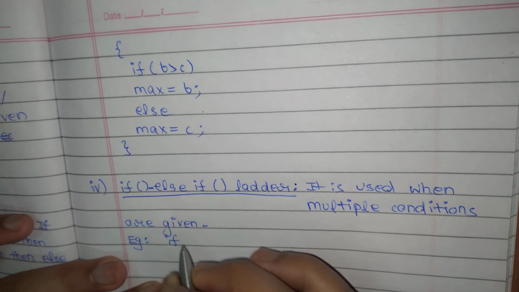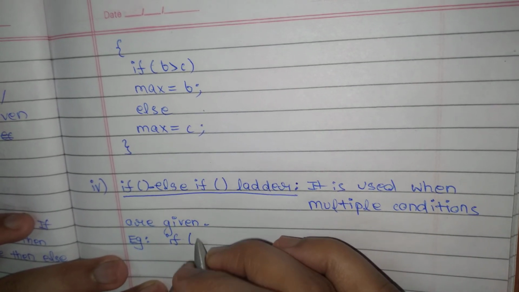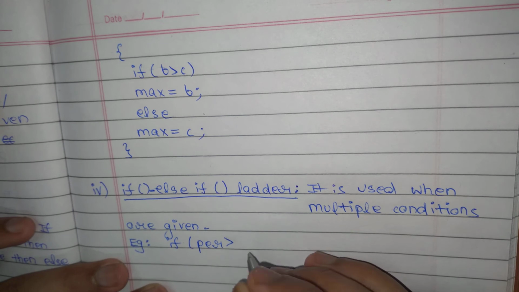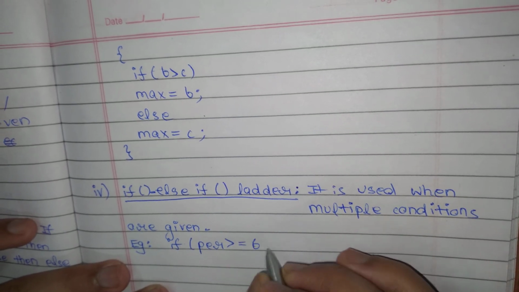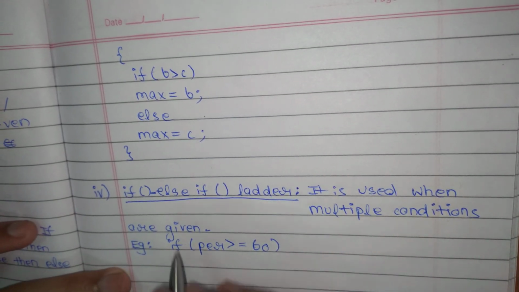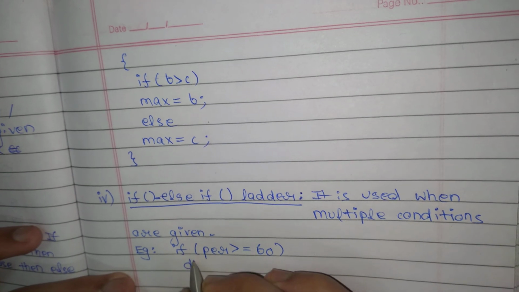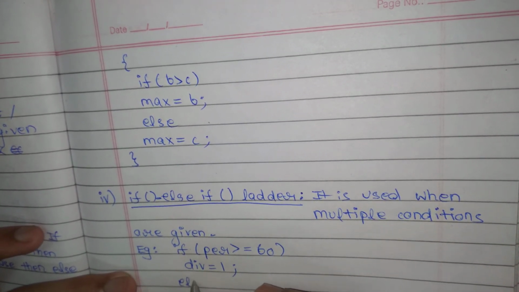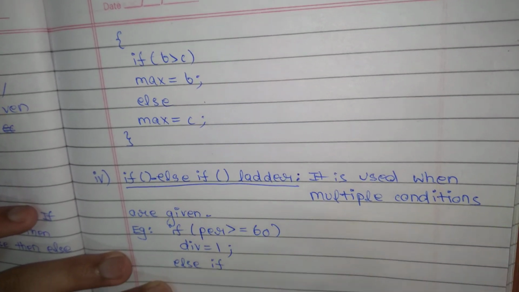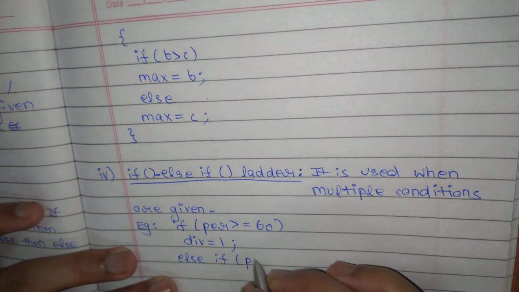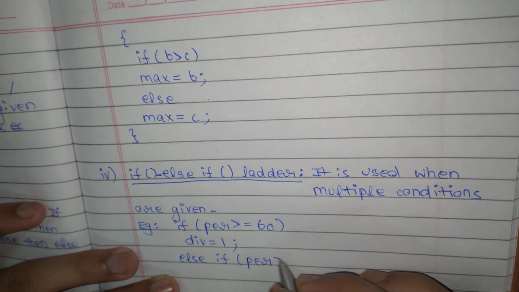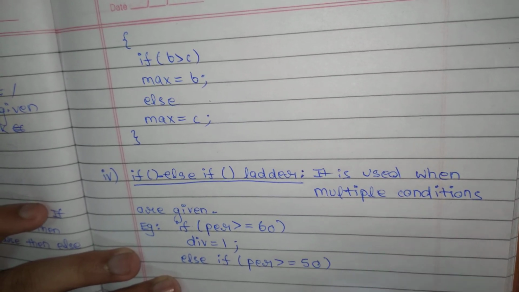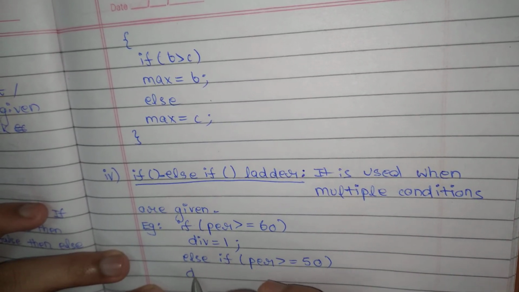if PER greater than equal to 60, then div is equal to 1. Else if PER is greater than equal to 50, div is equal to 2.